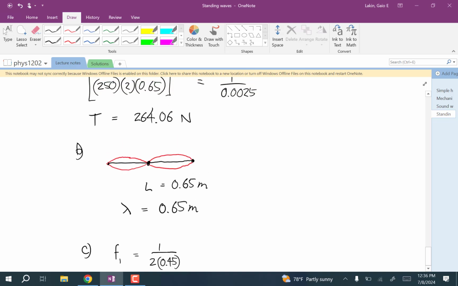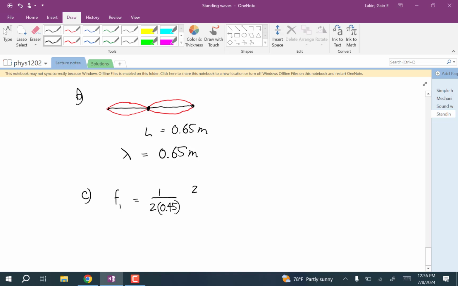Times the string tension that now we've calculated. So 264.06 newtons divided by the mu value, the mass per length, which is 0.0025.